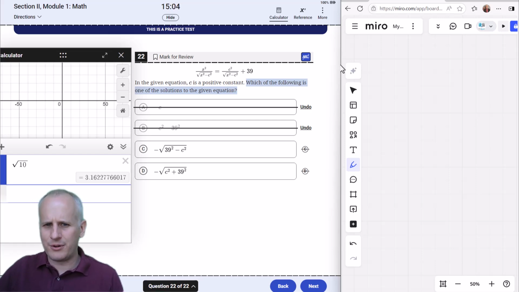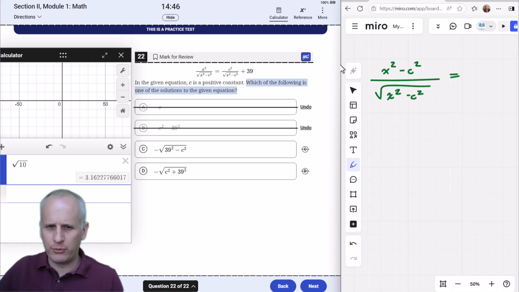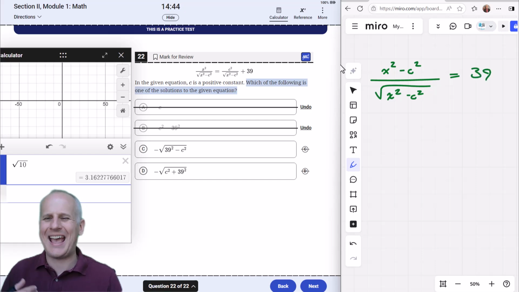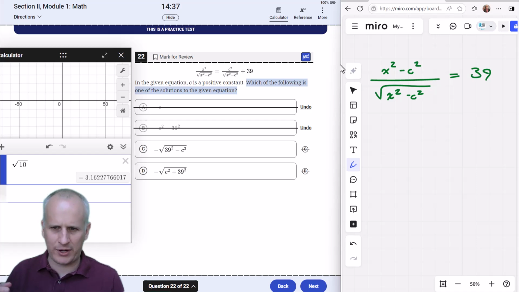So if we were to maneuver that c squared over to the left-hand side, we'd end up with x squared minus c squared all over the square root of x squared minus c squared. And that's going to be equal to 39 because we have the exact same denominator for both x squared and c squared. So we can just combine the numerator as x squared minus c squared.